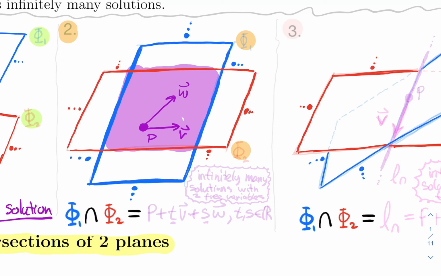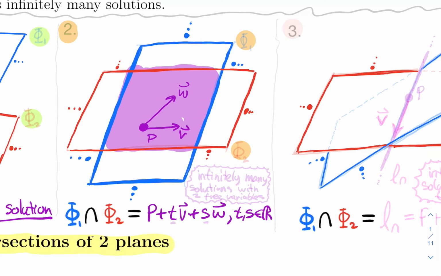So here the intersection of phi1 and phi2 is given by P plus T times V plus S times W, where T and S are just real numbers.